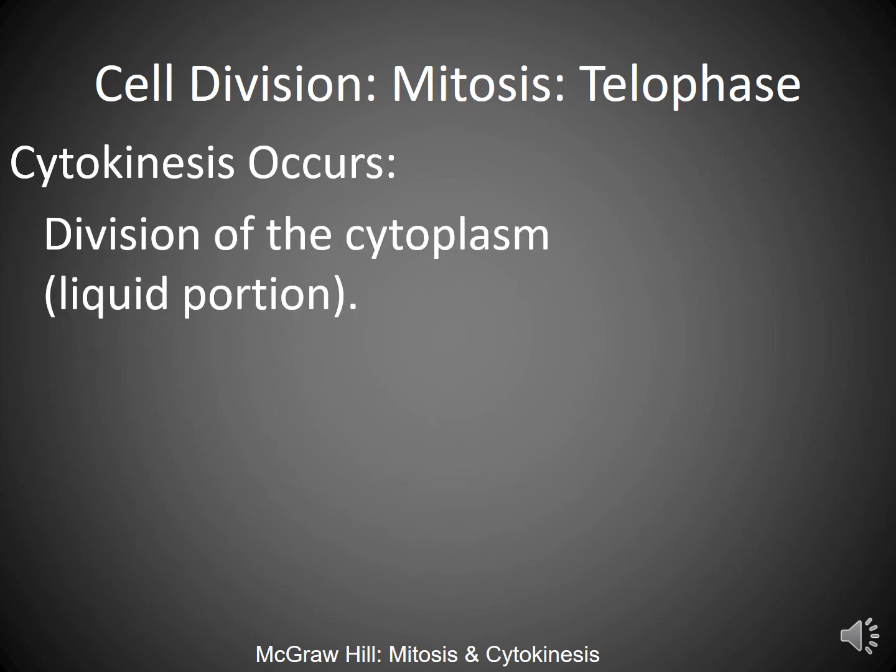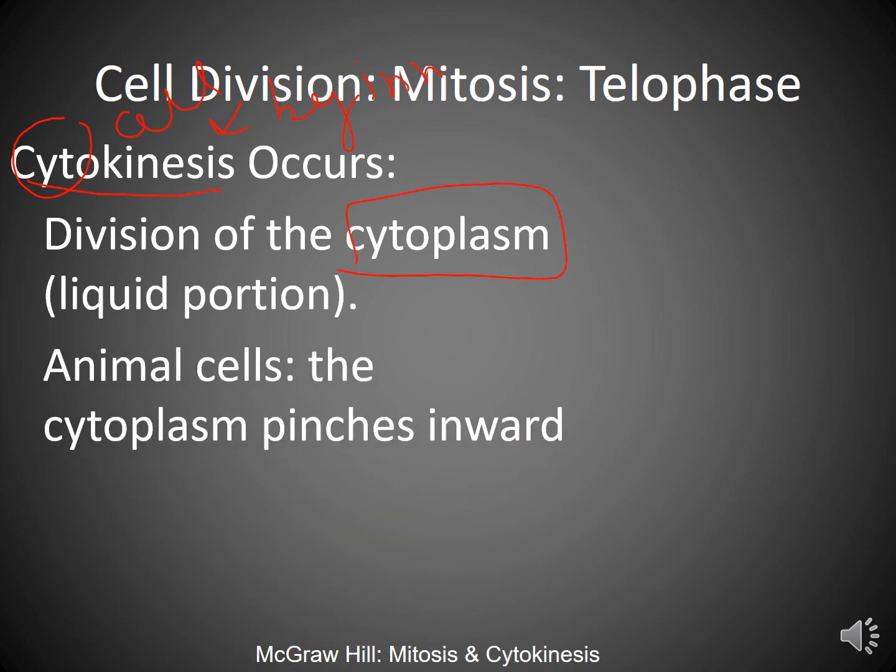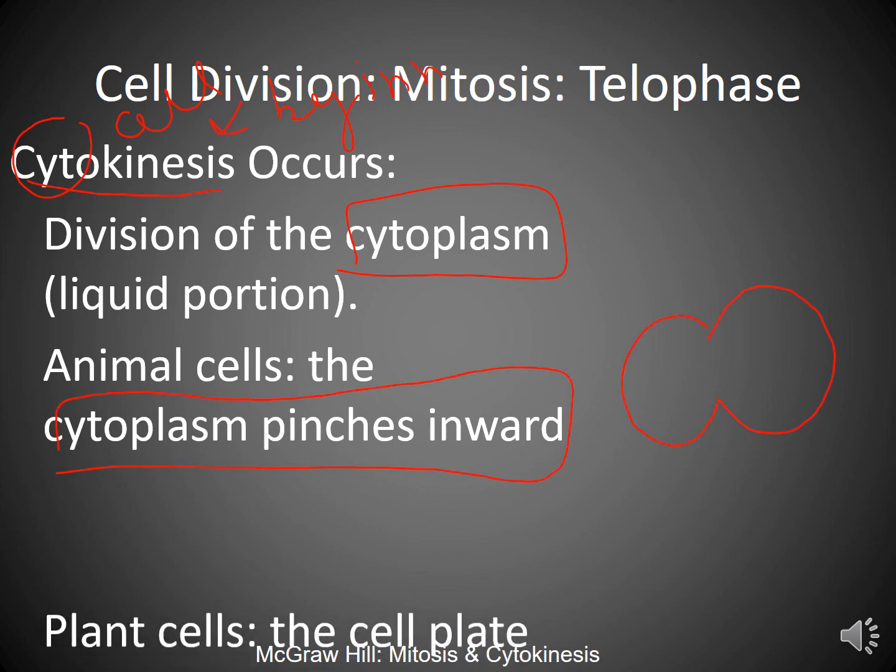This also, telophase is very connected to cytokinesis. And so cyto is cell, and then kinesis is like beginning again. So the division happens here in the cytoplasm. That's the liquid portion. Animal cells, it pinches it inward. So it'll look like this. Okay?